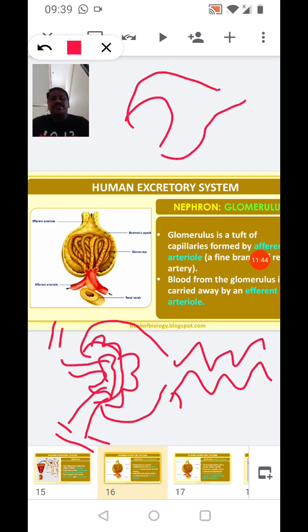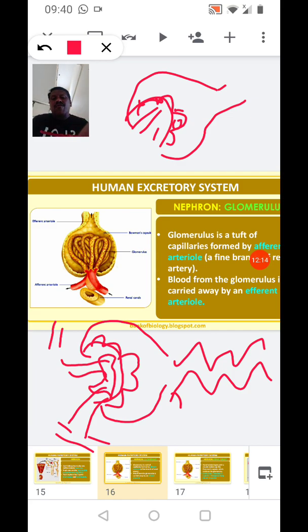This is the Bowman's capsule now. Inside the Bowman's capsule, the wall is made up of special cells. These are the podocytes, and between the podocytes, minute pores are present. These minute pores are known as filtration slits or slit pores. And similarly, inside the Bowman's capsule, what is there? A group of blood vessels are there, which are known as the glomerulus.